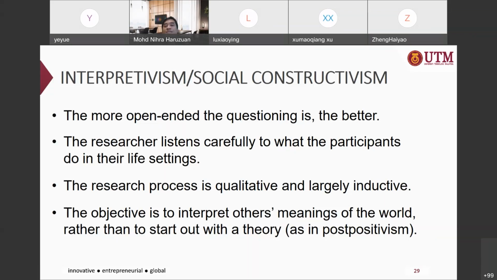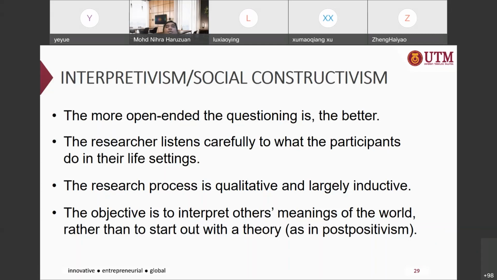The research process is qualitative and largely inductive, right? The objective is to interpret other meanings of the world rather than to start with a theory, as in positivism. This is very much qualitative, meaning that there is no theory governing your initial investigation. That theory or meaning will emerge from your data.